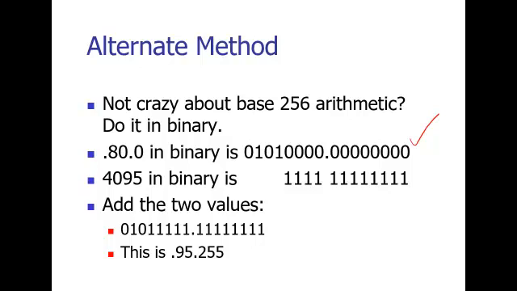Again you will get the same value directly, 95.255, if you convert this result into decimal. So this can also be a method through which you can find out the last address, with the plus operation between these two, right?